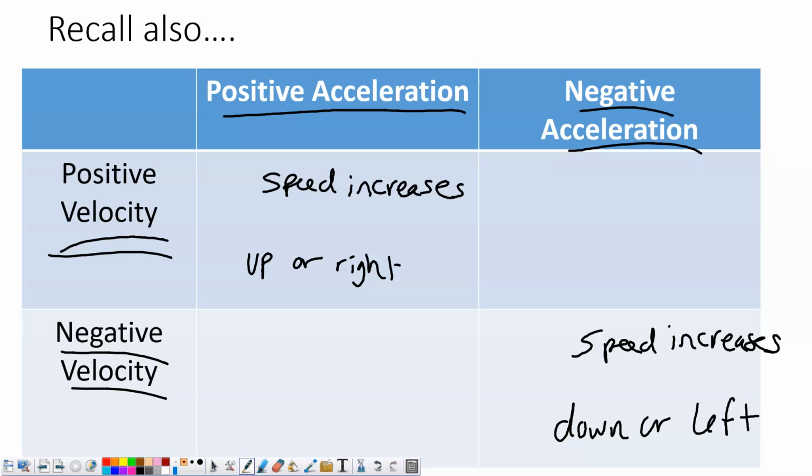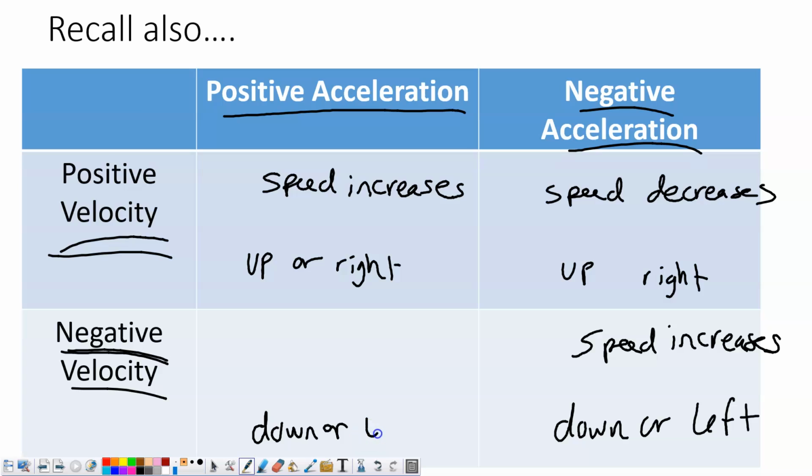So if your speed is trying to move up or right because it's a positive velocity, but your acceleration is pulling you this way and you're trying to go that way, that's going to slow you down, right? Same thing happens over here. When you have a negative velocity, you're trying to go down or left, but the acceleration is in a sense pulling you up or right, and so that's going to slow you down also.